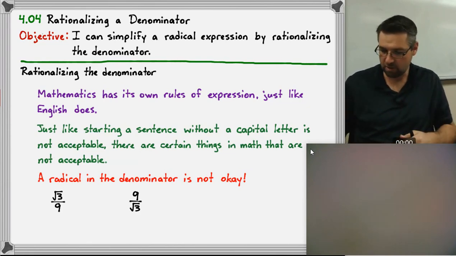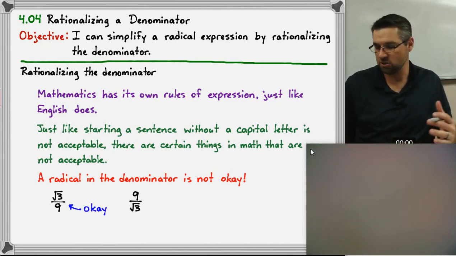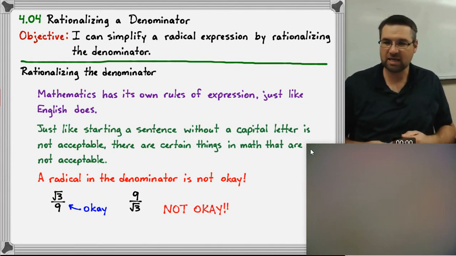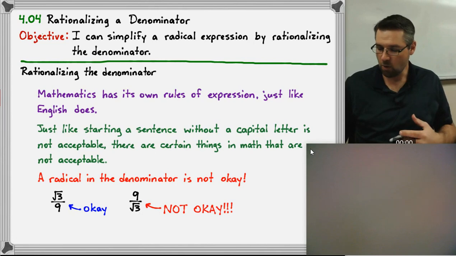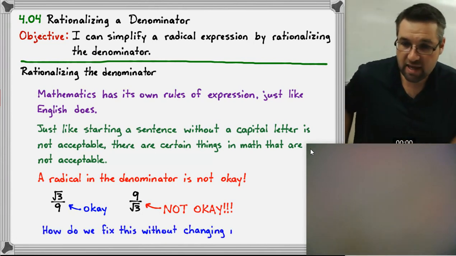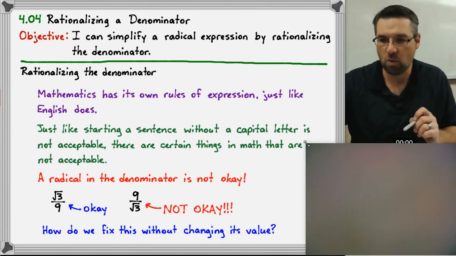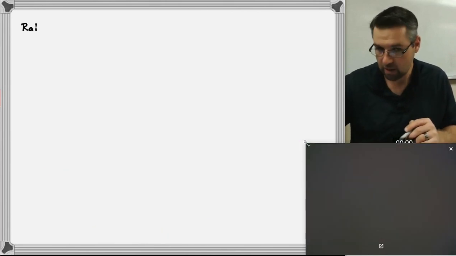So the first example that you see, the radical 3 over 9, that's perfectly fine. The radical isn't in the denominator, it's in the numerator. But in the second case, that's not okay because the radical is in the denominator. So the question is, how do we fix that? How do we make it so that the radical's not there, but still keep it the same value? We don't want the values to change, okay?